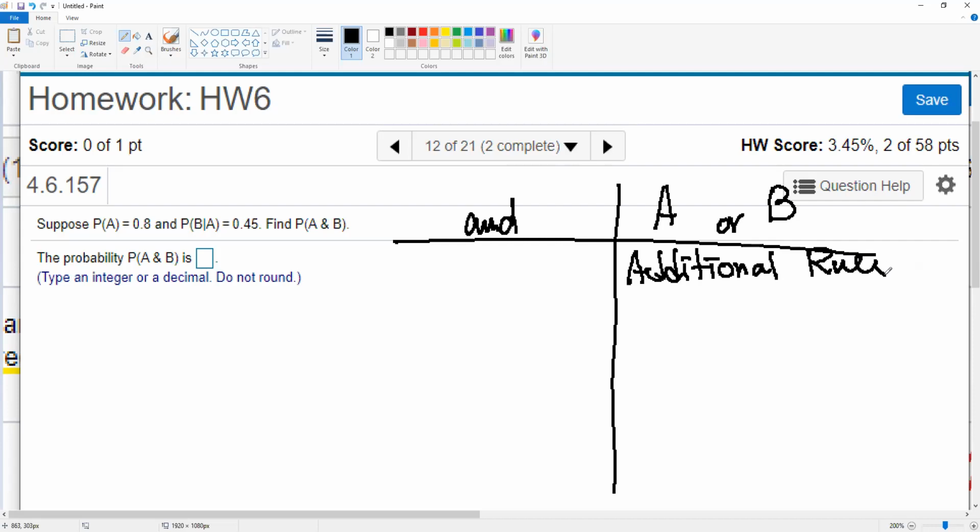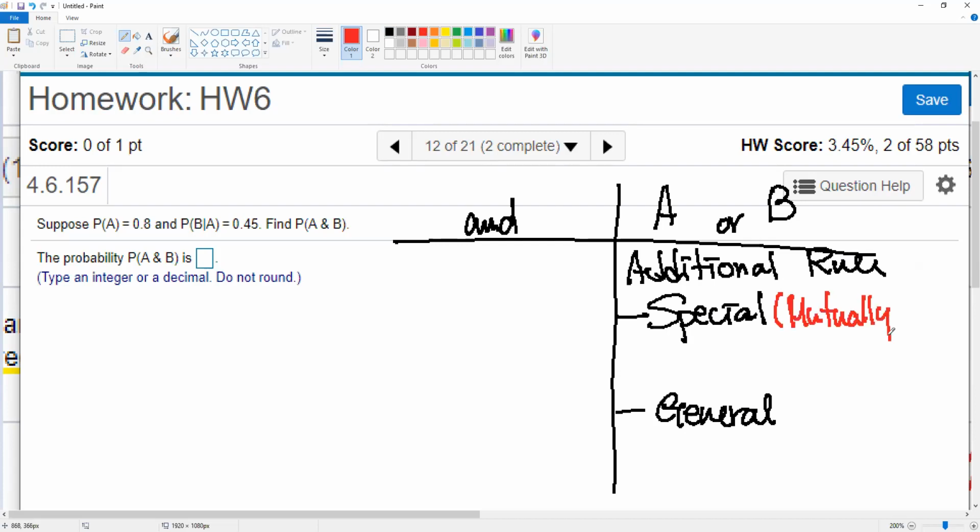We had two addition rules. One was the special one, and the other one was the general one. When was the special case? When they were mutually exclusive. When we make the Venn diagram, A and B are separate. They are mutually exclusive.